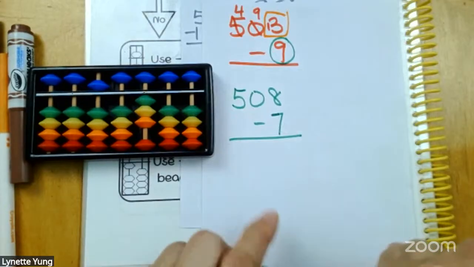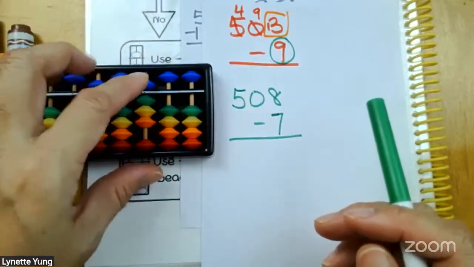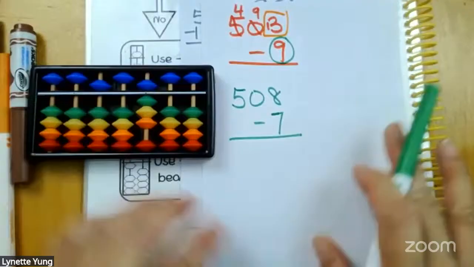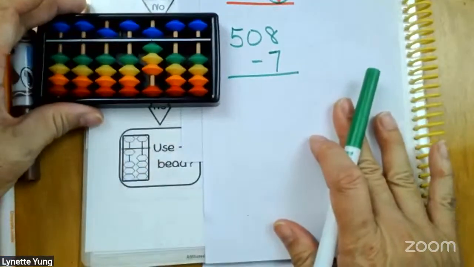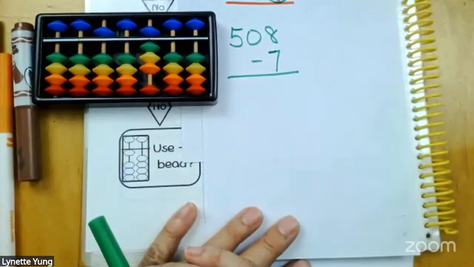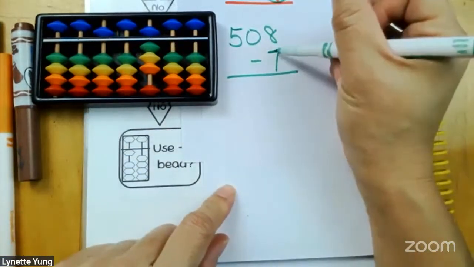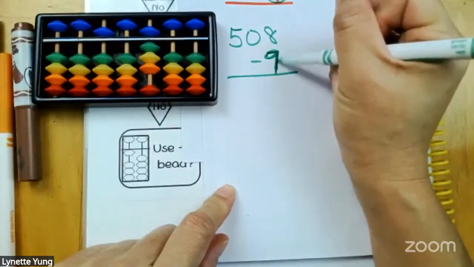Okay, so you have 5, 0, 7. No, 8. 508. Well, this one's pretty easy though, because you just take away the 7, the 5, and the 2. Oh, sorry, your answer is 501. Sorry. So let's make that 9.